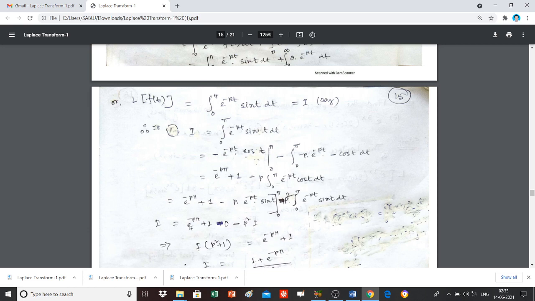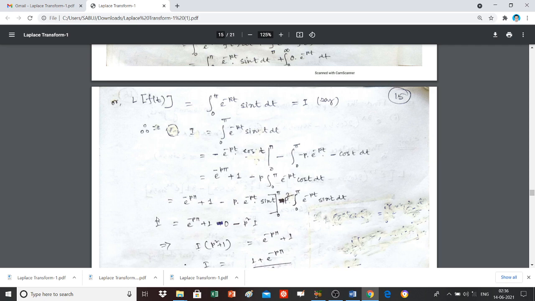So from here I is equal to e to the minus p pi plus 1, and using the limit pi here, see here sin pi, this term will give you 0 for pi, and for 0 this term also will provide you 0, because it is nothing but 0. So that is 0 here, then minus p square, and this is nothing but I. So I have written here p square I. So just take this term to the left hand side.